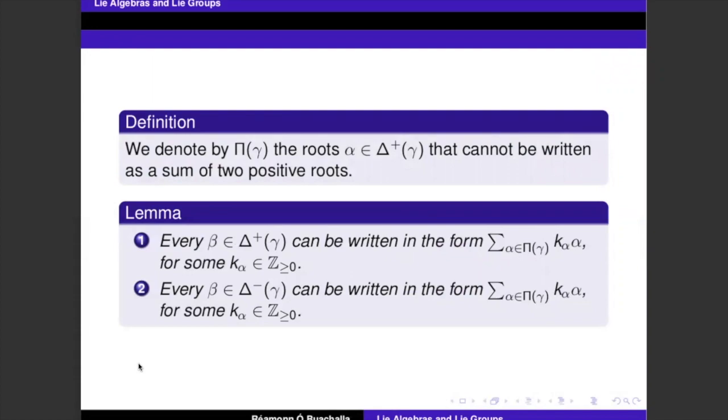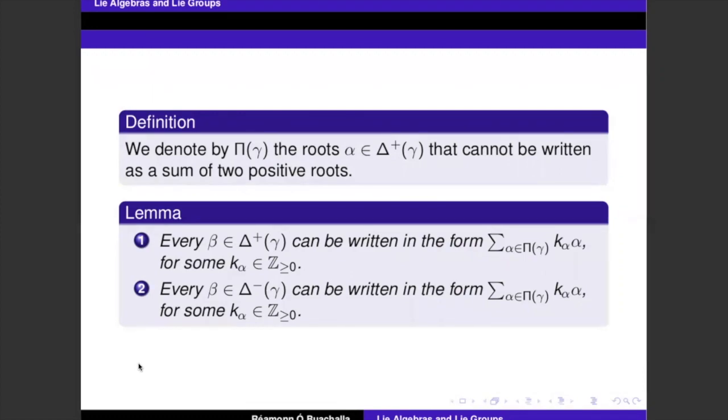Now, we denote by pi of gamma the roots contained in delta plus of gamma that cannot be written as a sum of two positive roots. If this was a base, then this would be a property. But we're sort of going the other way around because we're trying to construct the base.